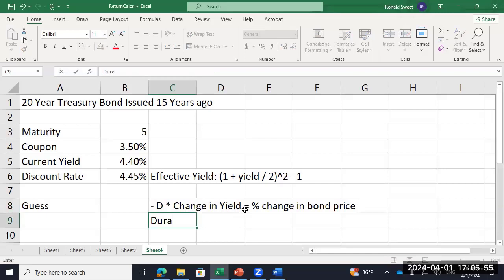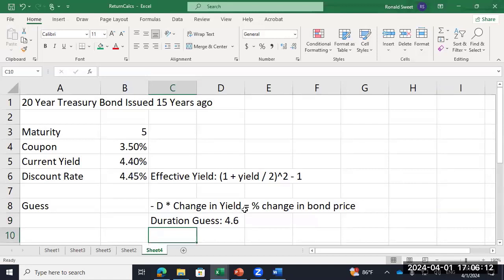I'm going to guess the duration of this bond. It's easy on exam 2, because I give you a 2-year bond. A 2-year bond is kind of a duration of like 1.8 years. A 5-year bond is a little tricky. I'm going to guess 4.6. So we take minus 4.6 times the change in yield. What did yields do? The current yield is 4.4%.